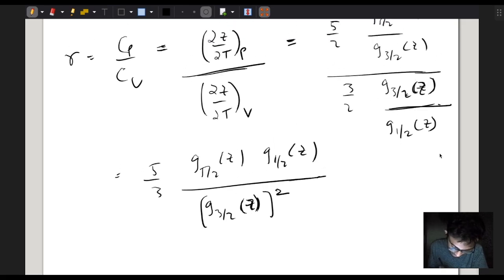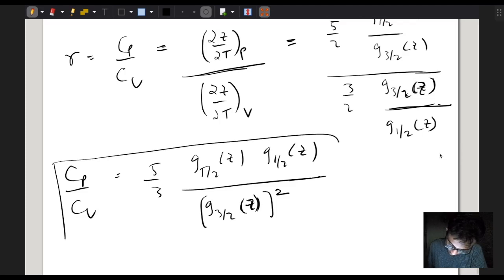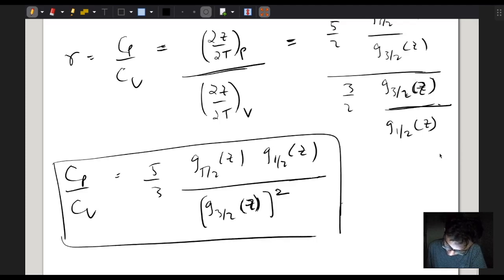So this is Cp by Cv. Yeah, so immediately we can see something.